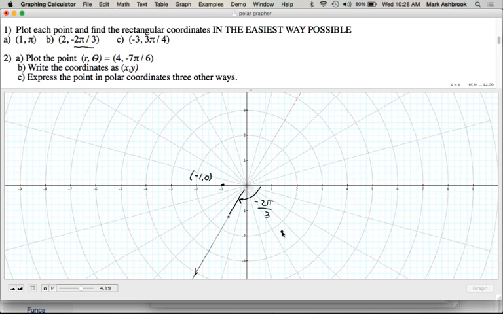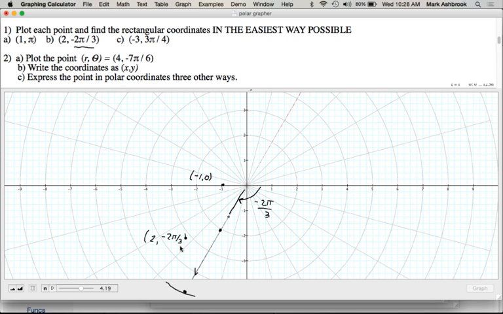So we want 2. R equals 2 is in this direction. It's positive 2 in this direction. There's the point right there: 2, negative 2 pi over 3.